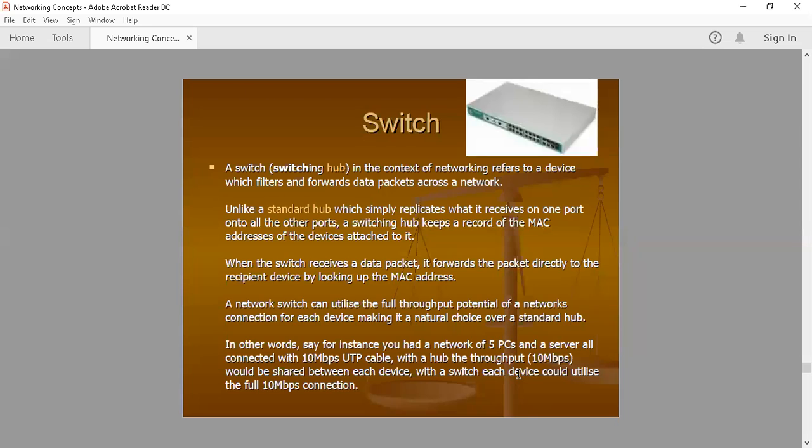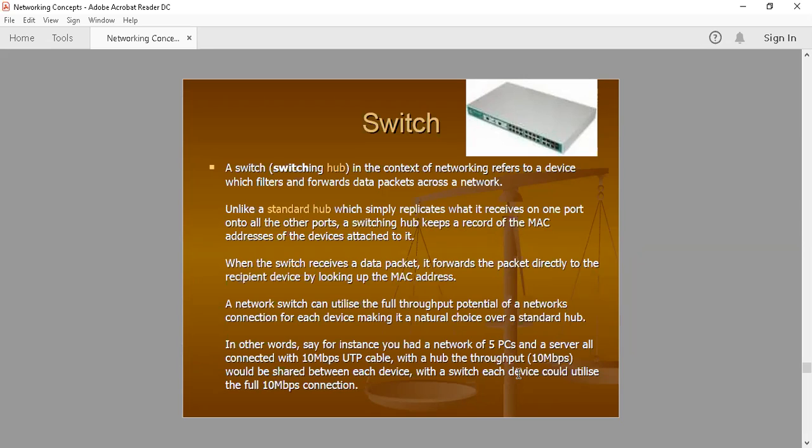Unlike a standard hub, which simply replicates what it receives on one port onto all the other ports, a switch keeps a record of the MAC address of the device attached to it. When the switch receives a data packet, it forwards the packet directly to the recipient device by looking up the MAC address.